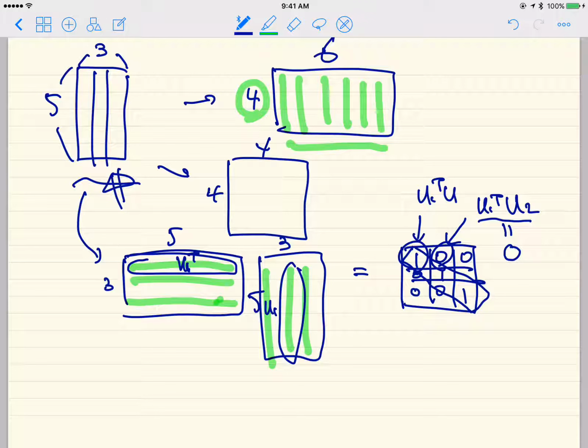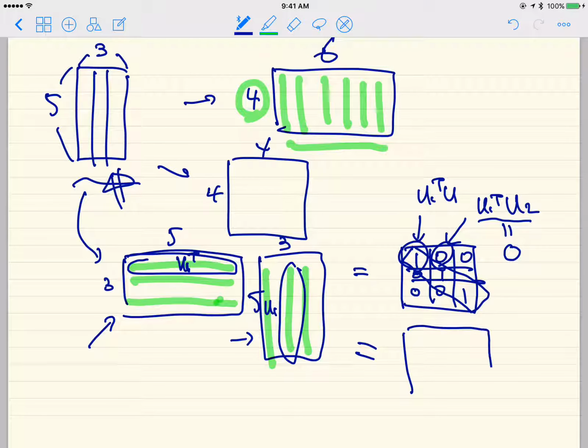But let me ask another question here. What if we have just an orthogonal set, not an orthonormal set? In this case, the vectors in these two matrices are just orthogonal to each other, but their length is not necessarily 1. Their length can be 2 or 3 or 1 over 2 and so on.